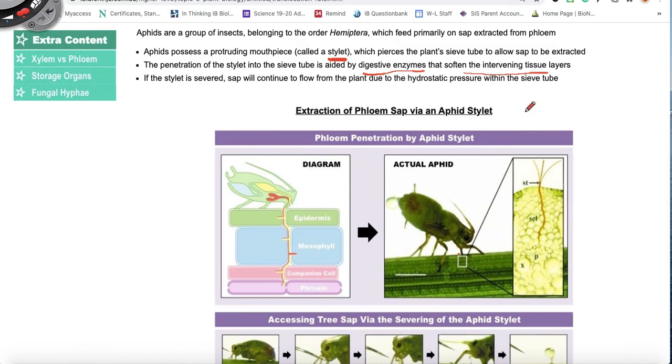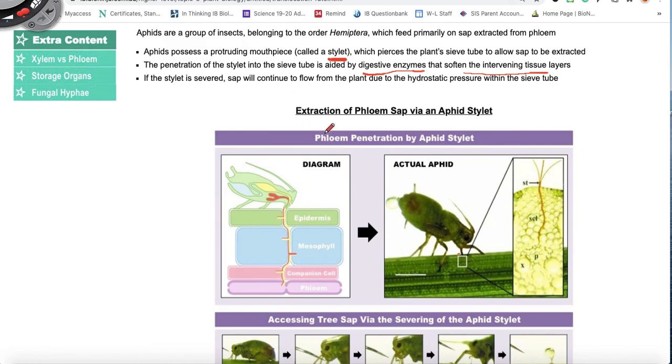And scientists have tried doing this with a needle of some sort, and they realize that it doesn't work because as soon as they inject the needle and try to see if the phloem will flow out, they don't get it to work, because these enzymes that are introduced along the way soften all these tissues and then allow the phloem to flow out.